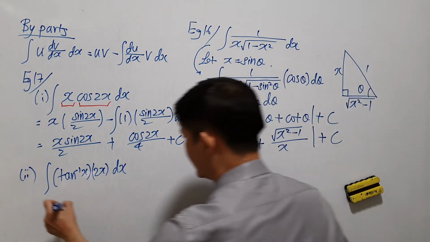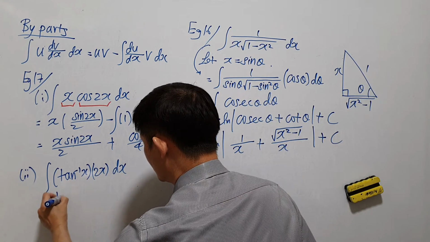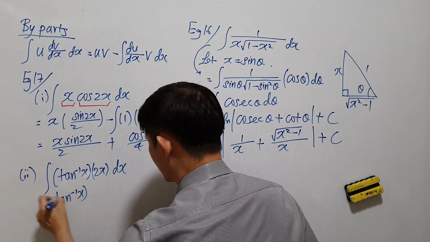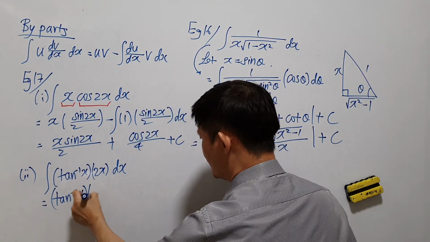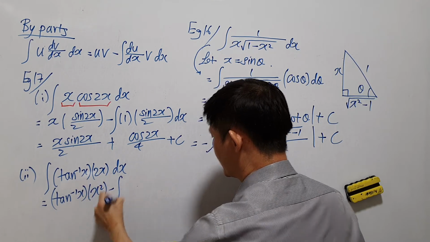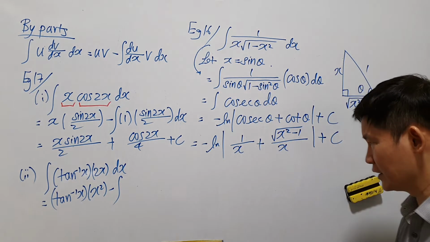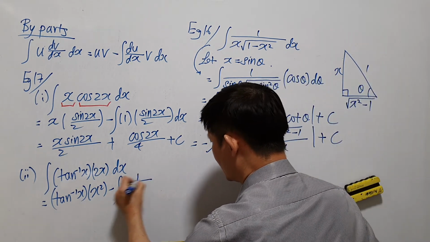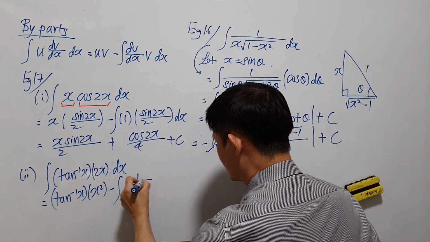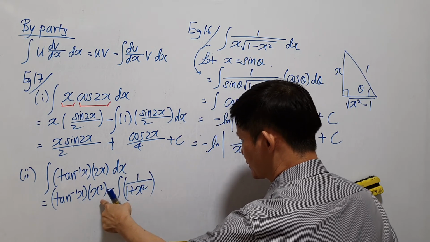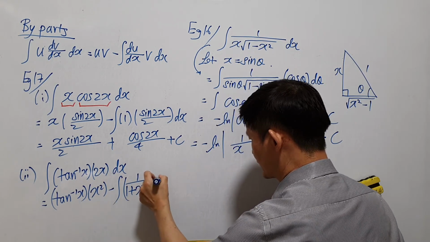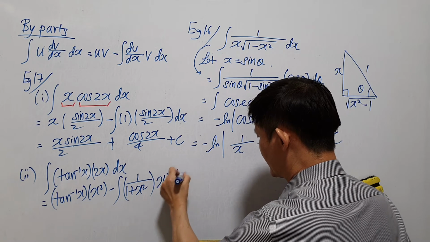So according to the formula it is uv. If this is dv dx, then v is x squared. Then you got to differentiate the u. Differentiating this is 1 over 1 plus x squared, and then integrating the 2x is just x squared.